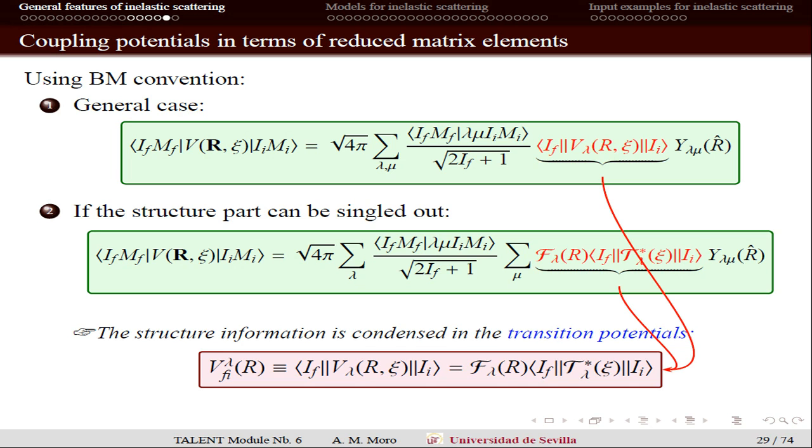Yes, because of the Clebsch-Gordan, this mu is just the difference between MF and MI. So only one value of mu survives from this matrix element. So actually you can simplify this, removing this mu in both expressions. Okay? Because it's determined by MI and MF, because of the properties of the Clebsch-Gordan coefficients. Good.